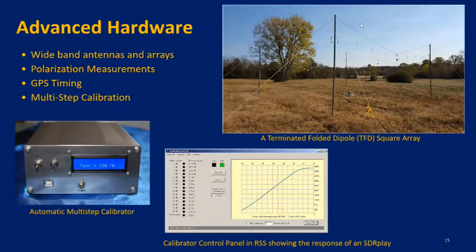Those emissions are almost 100% right hand or left hand circular. So you have a better opportunity to pick up Jovian signals with a polarized antenna. And so you can actually create your own polarized square array there.